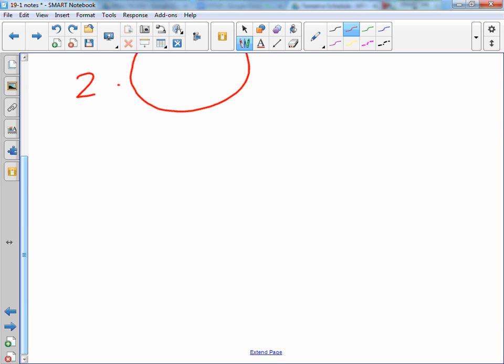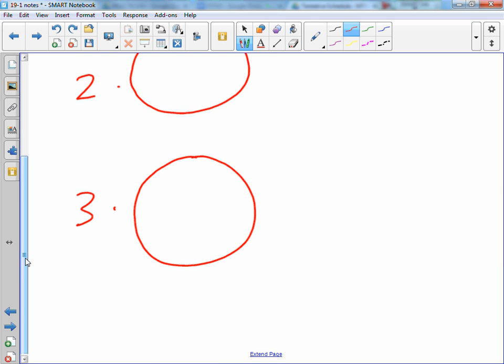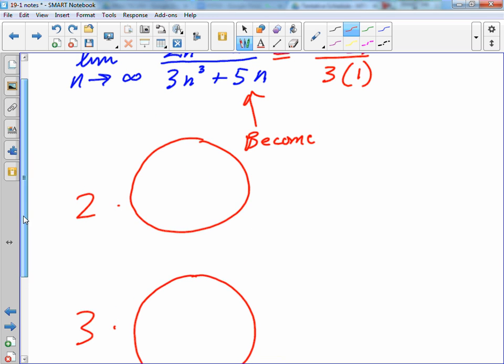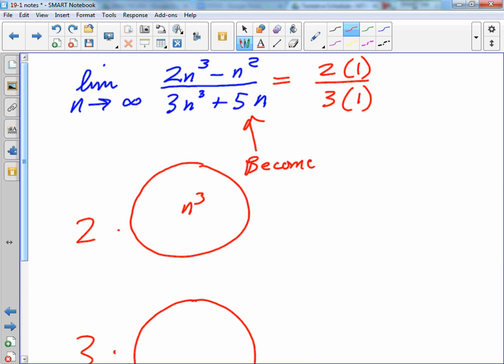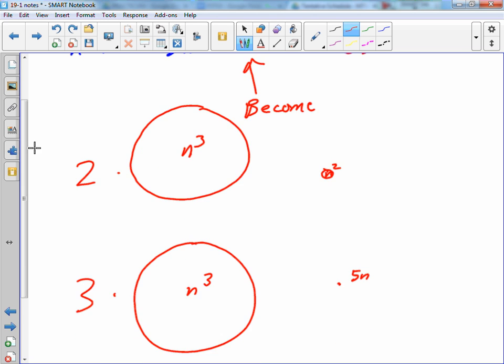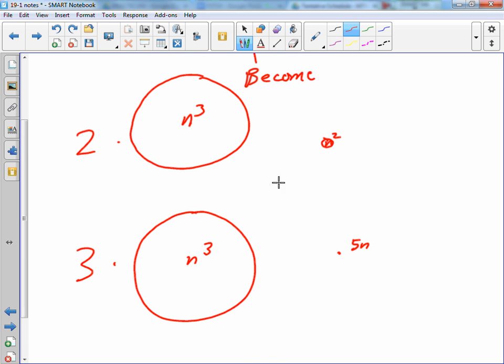And down here you've got 3 times that same really big sphere. And this is n cubed, and this is n cubed. And now over here, here's n squared. Here's 5n. Really, think of it like this. Do these matter?